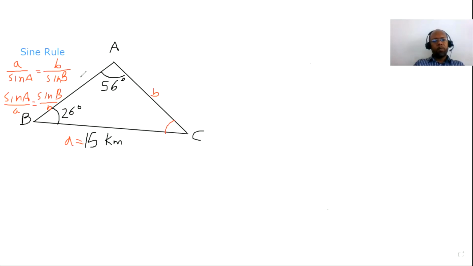Then we could actually do something different. We could look for C. How would we find this angle?